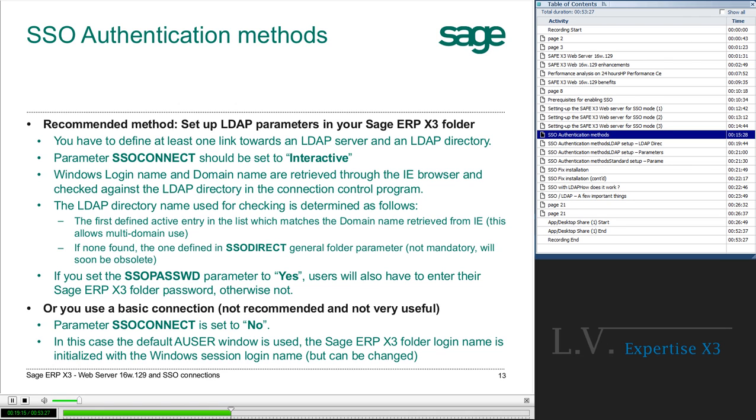If you do not use the LDAP connection, you will move towards a basic connection. It means that if you set the SSO connect to no, we will move to the window where you have to enter your login and your password, and your login will be filled in by your Windows login.